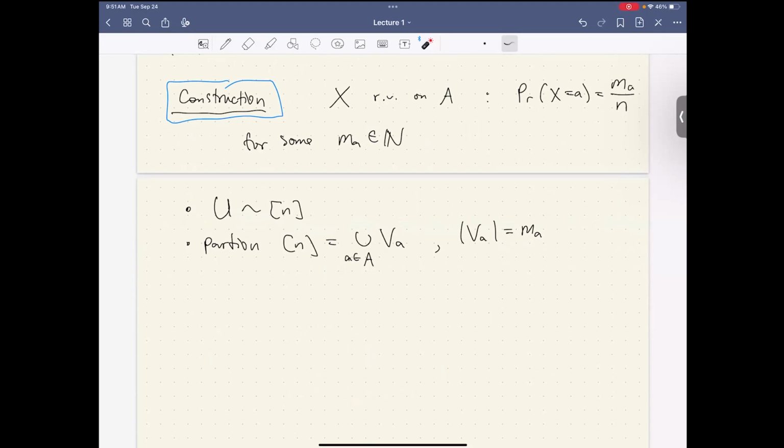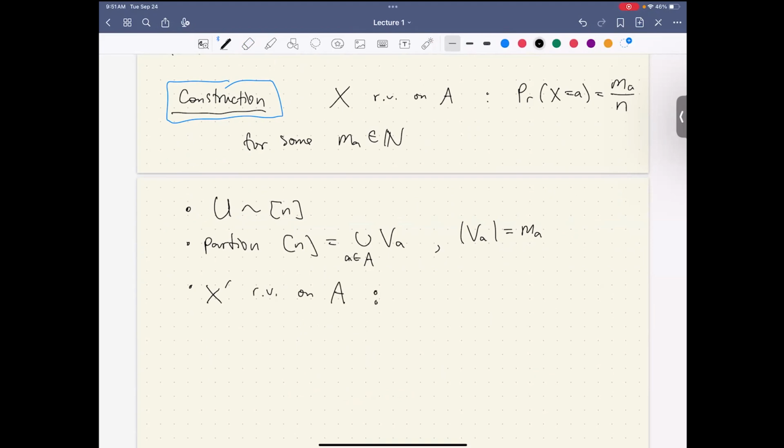Now we define a random variable X prime on A as follows.